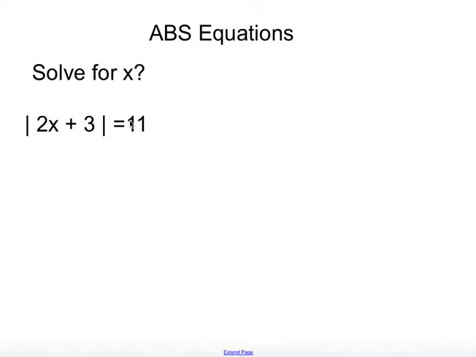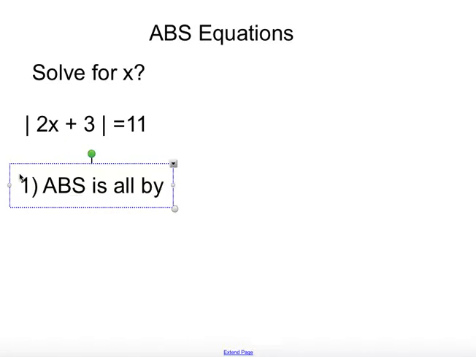That's a typical problem that you would have during your test, exam, or any small quizzes. Okay, the very first thing that you have to do, I write it here as the first step, you have to make sure that the absolute value is all by itself. I'm going to write ABS, which stands for absolute value, is all by itself.